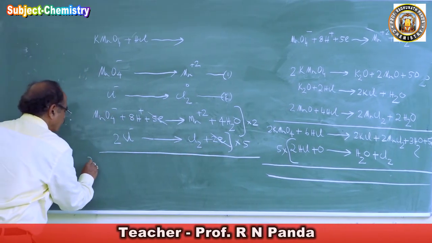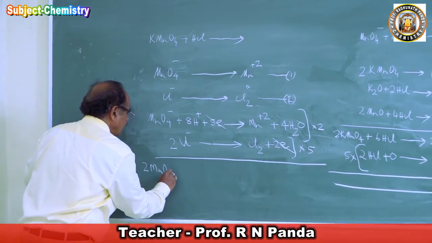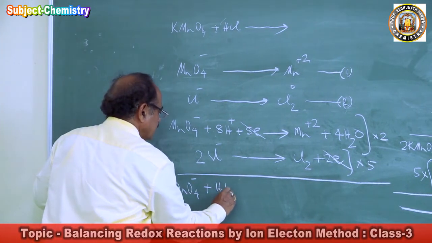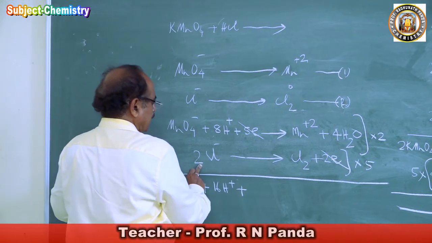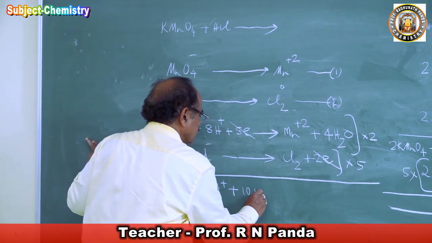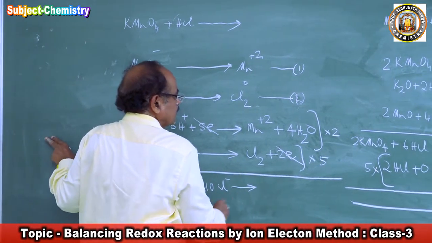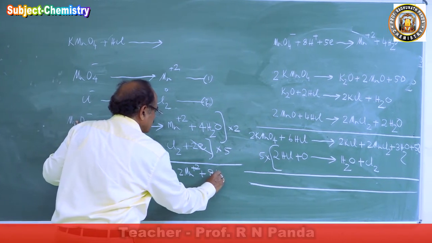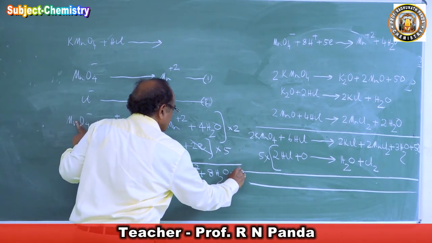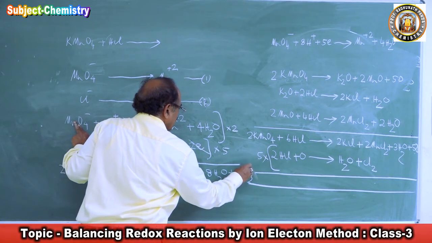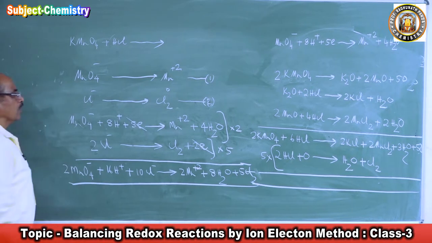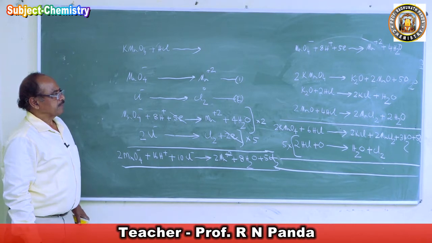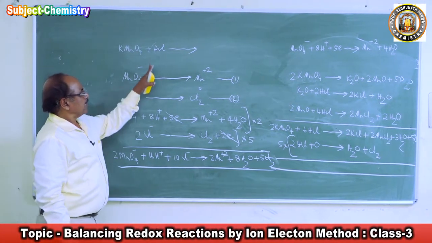We get 2MnO4 minus plus 16H plus plus 10 Cl minus will give us 2 Mn plus 2 plus 8 water plus 5 Cl2. This is the balanced equation for potassium permanganate with HCl. Potassium permanganate is an oxidizing agent.